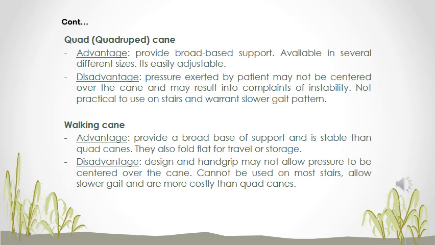The disadvantage is that the pressure exerted by the patient may not be centered over the cane and may result in complaints that they feel unstable. It's not always practical because you can't put this quadrupod on a step or stairs when you go upstairs. If it's one step, that's perfect, which warrants a slower gait pattern.